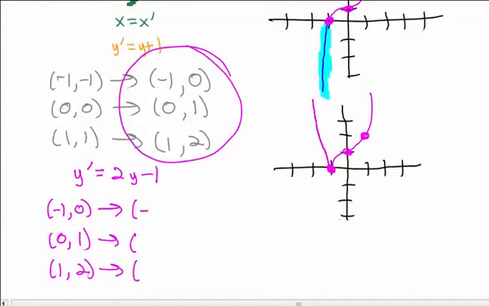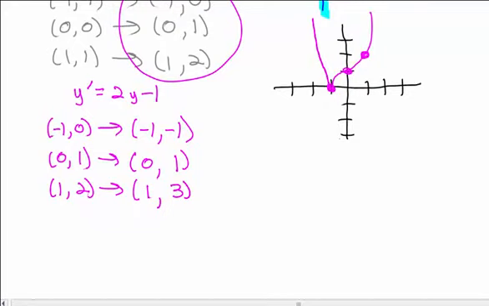The x's staying the same of negative 1, 0, and 1. The y's now have this extra step. Multiply by 2 and subtract 1. So 0 times 2 is 0, minus 1 is negative 1. 1 times 2 is 2, minus 1 is 1. And 2 times 2 is 4, minus 1 is 3.